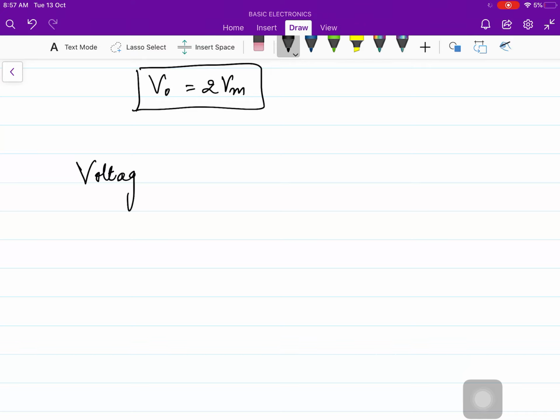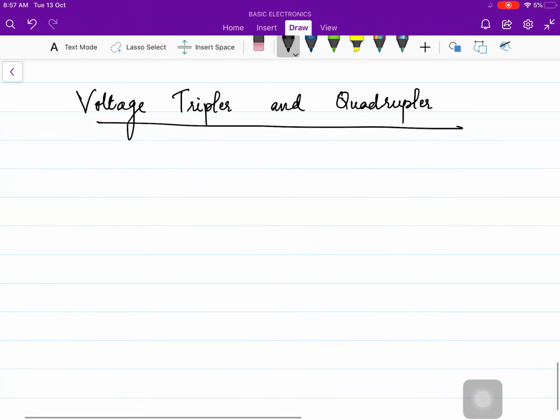So let us give it a heading, voltage tripler and quadrupler. So let us draw the circuit.